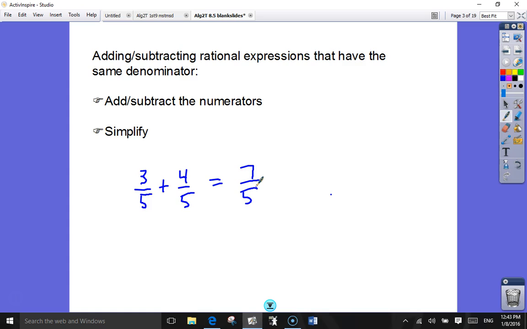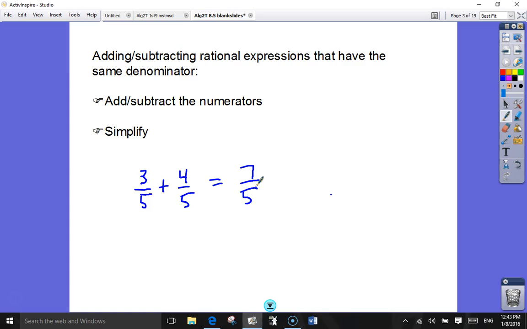The same thing will be true when we have variable expressions in the denominator. It may seem like a trivial point, but after we do all of the factoring and everything that we do with non-common denominators, when we're presented sometimes with the same denominators, sometimes we get stuck.